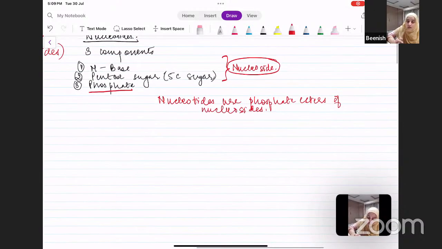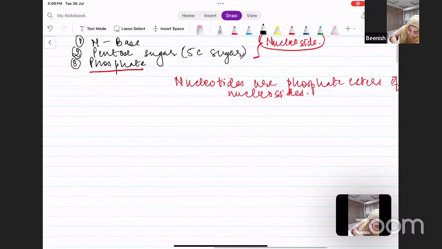Now, moving on to the individual components of your nucleotide, taking them one by one. Beginning with the nitrogenous base. So what is a nitrogenous base?